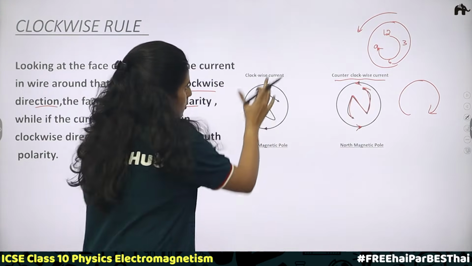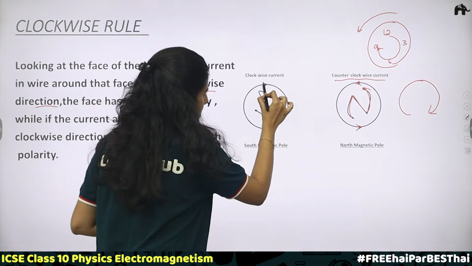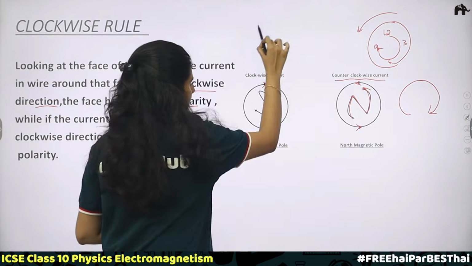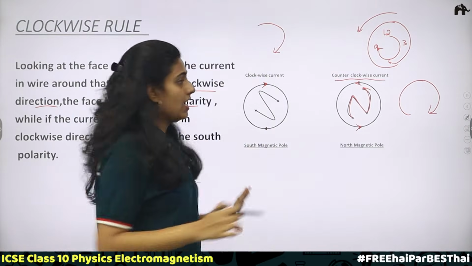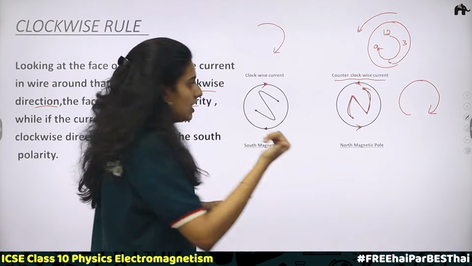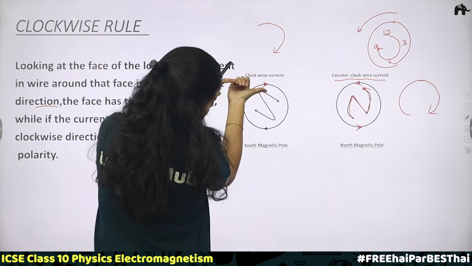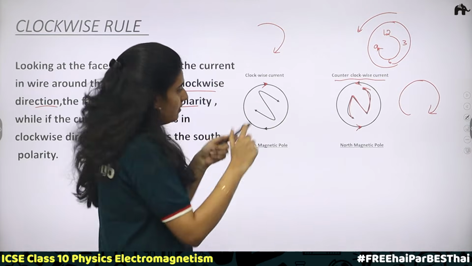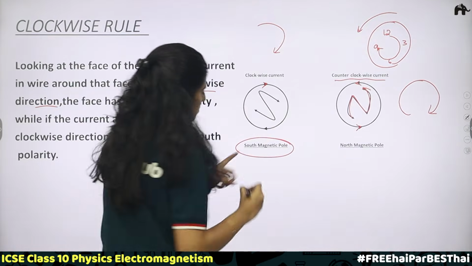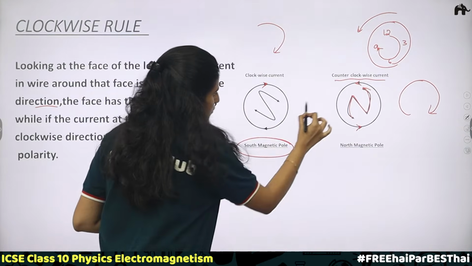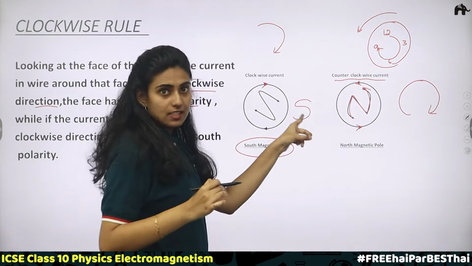When you have clockwise current, this is the clockwise direction of current. When you have clockwise current, take your thumb and you can see the direction of the magnetic field. You will get the south magnetic pole. This is in the form of an S. S means south pole.